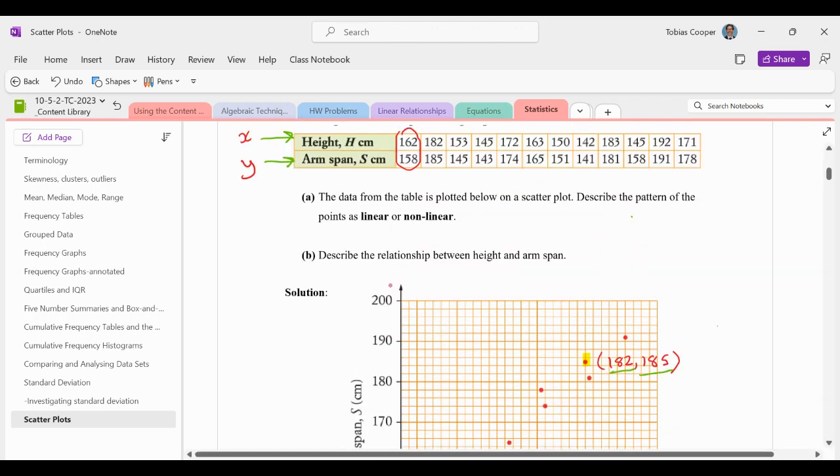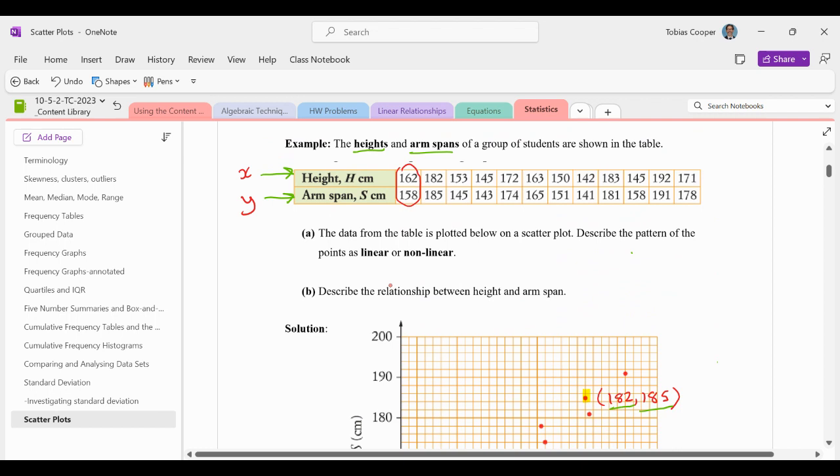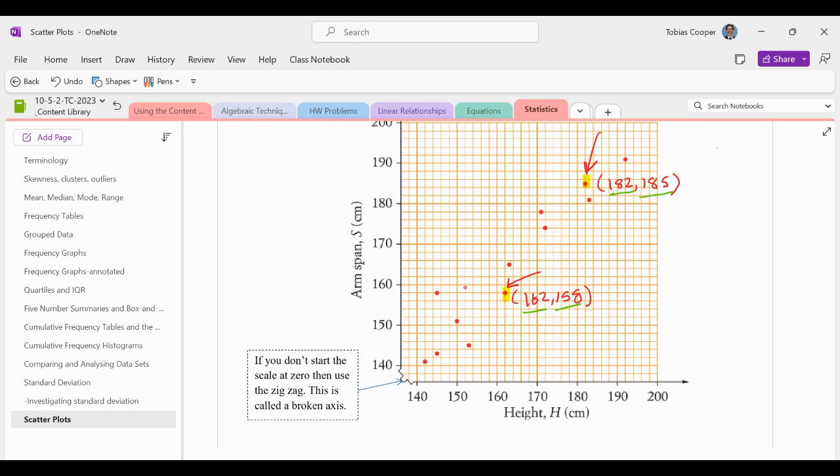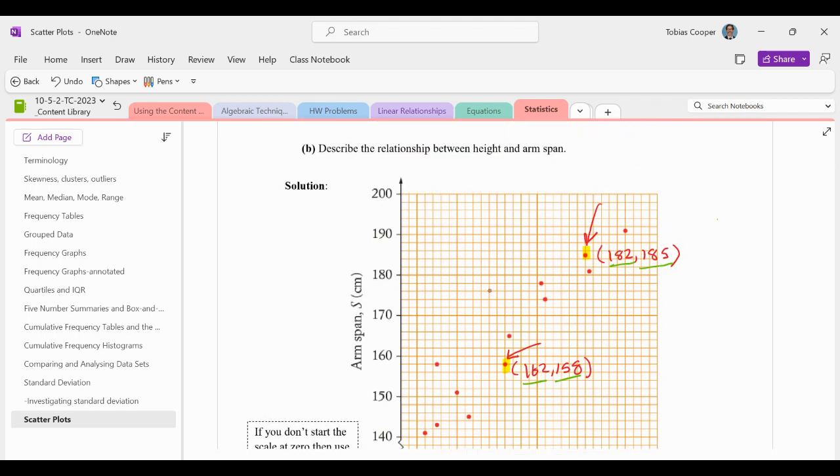If we go to the second point, which is 182, 185, that's just here. That's 182, and then 185 for the arm span. Each dot represents a student.